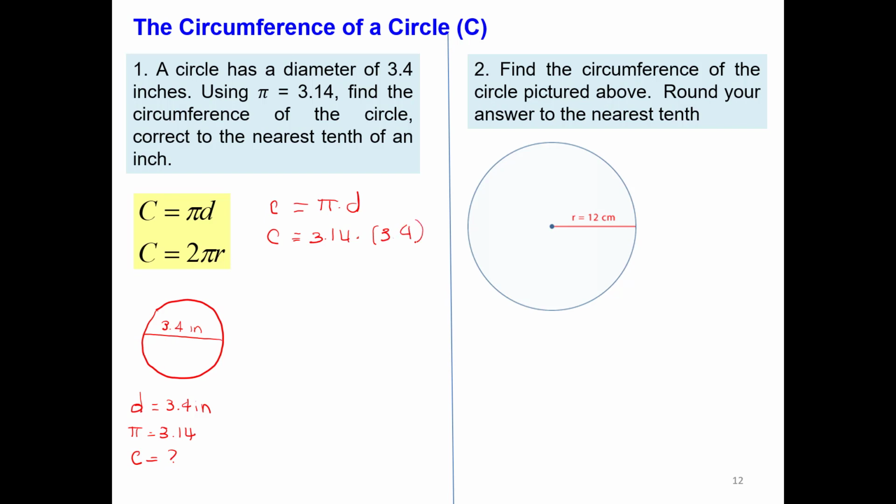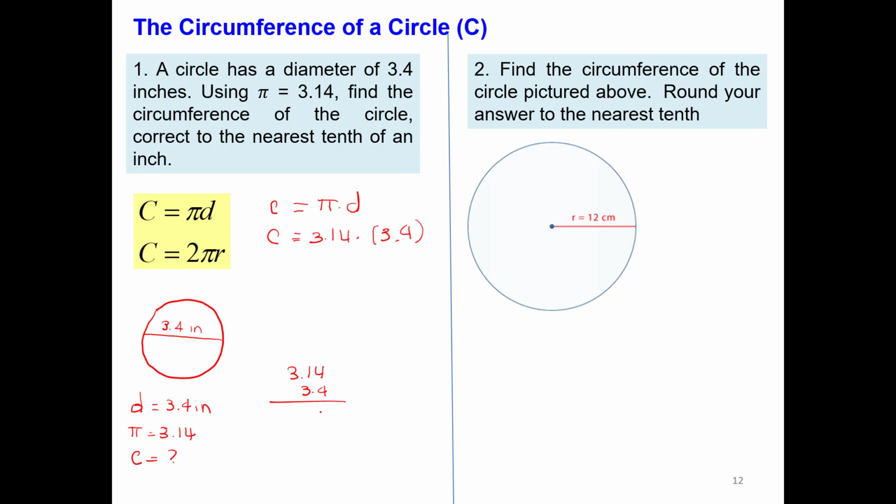What we need to solve in this case is to multiply 3.14 times 3.4. And we know how to multiply these two numbers, because now we know how to multiply decimal numbers. Let's multiply 3.14 times 3.4.